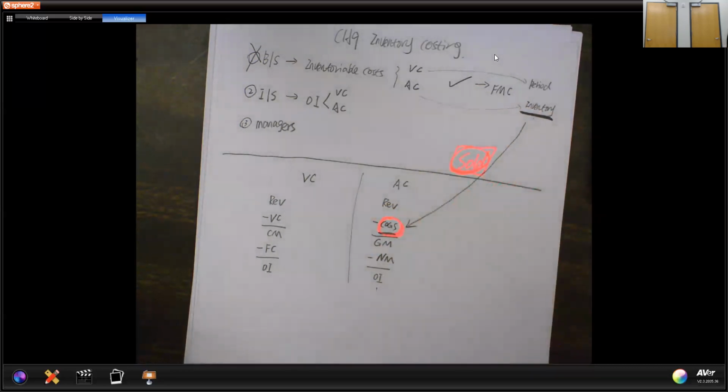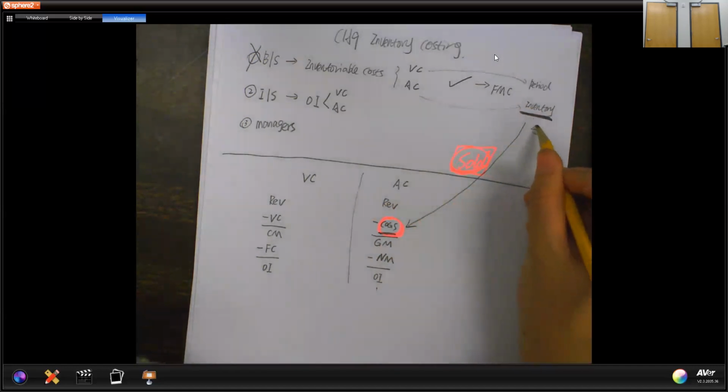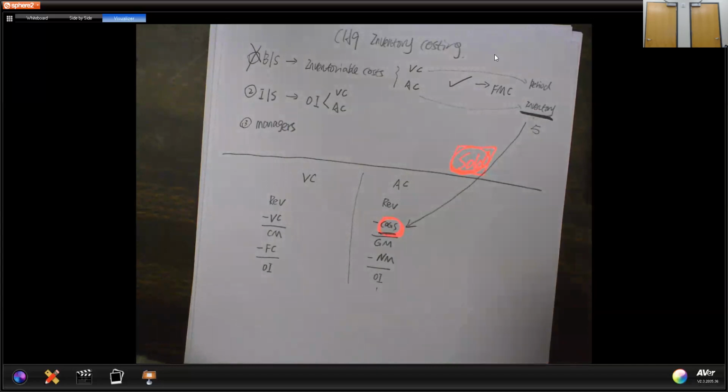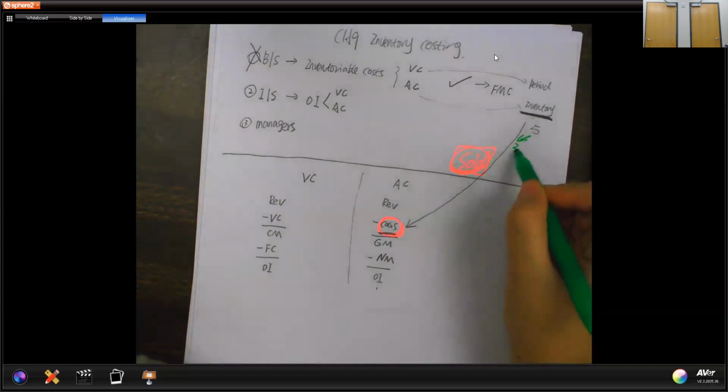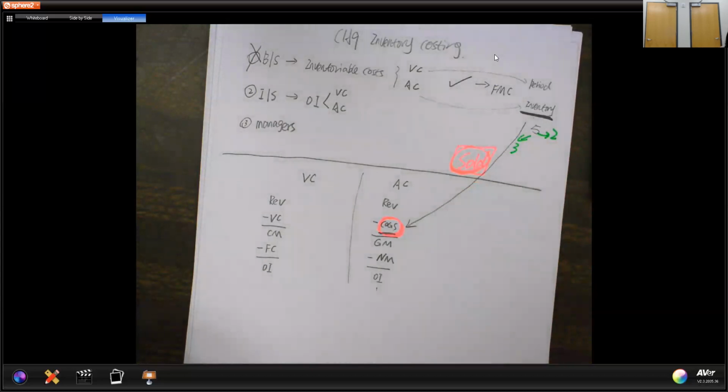The problem is, if you produce the 5 units, you sold all of them, that's perfect. All of the 5 units, the cost will become cost of goods sold. But if you produce the 5, you only sold 3, you still have 2 sitting in your warehouse as the ending inventory.